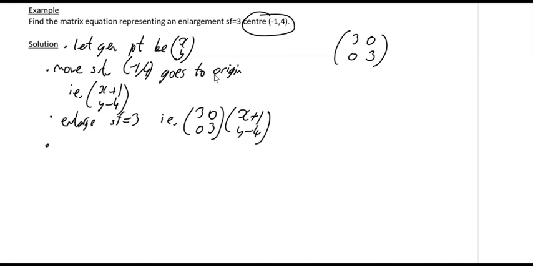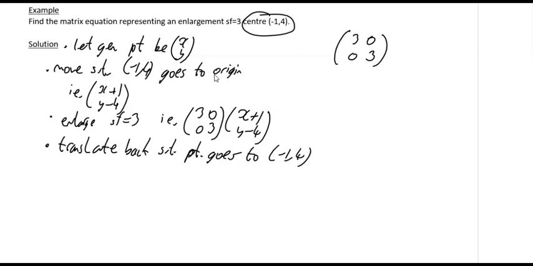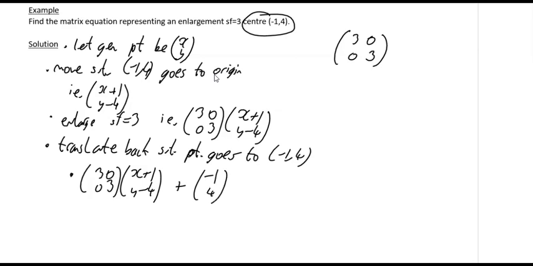And our last thing then is translate back such that our point goes to -1, 4. So we've got our 3, 0, 0, 3 times our column vector x plus 1, y -4, and then you want to add on the -1, 4.